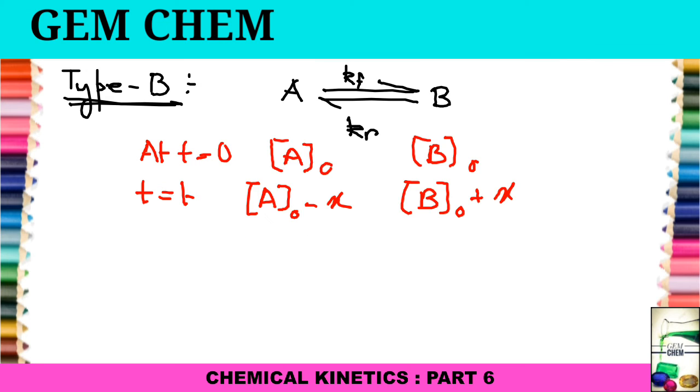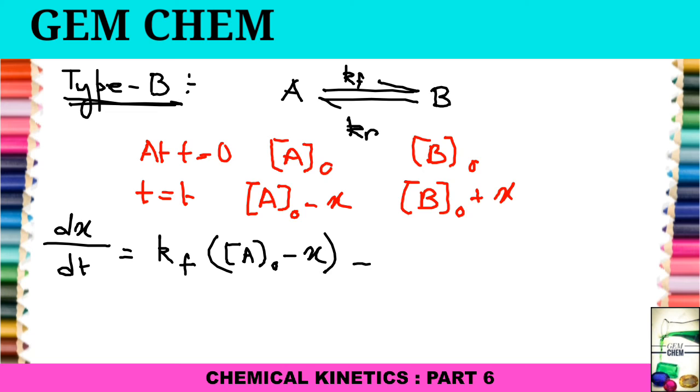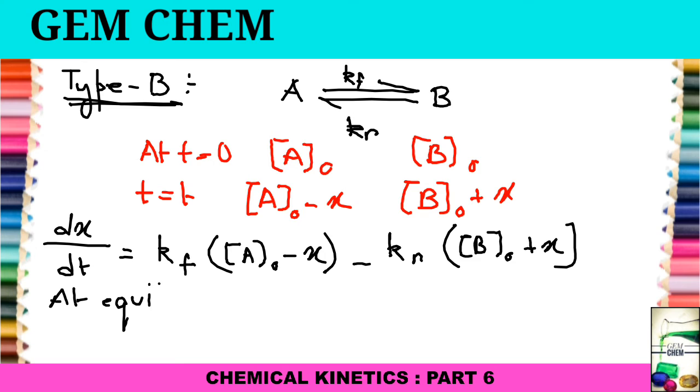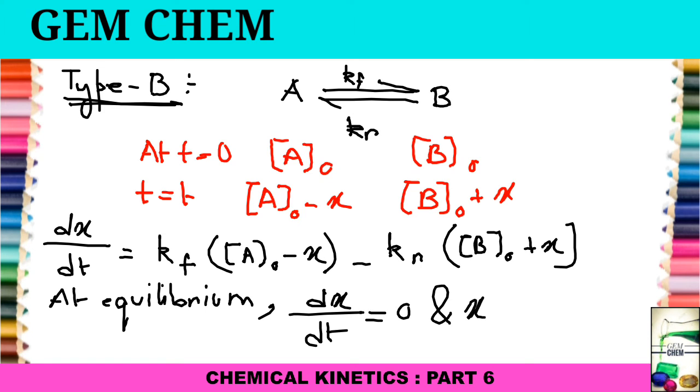Here dx by dt will be equal to Kf (A naught minus x) minus Kr (B naught plus x). Right. Now at equilibrium, we know what happens is dx by dt is equal to 0, right? Dx by dt is equal to 0, and x is equal to x equilibrium.